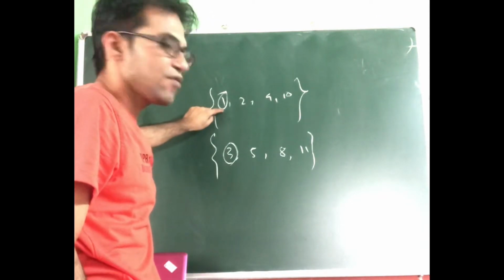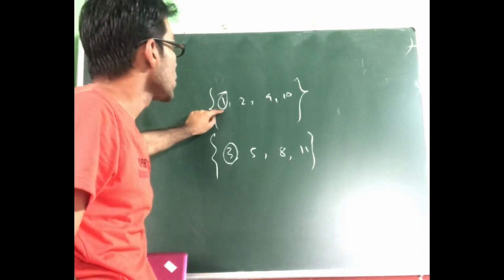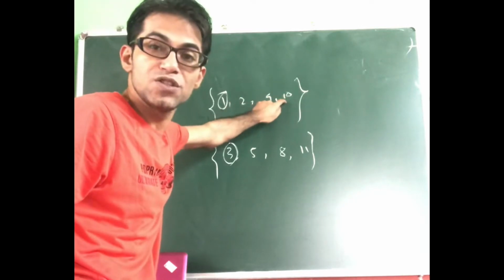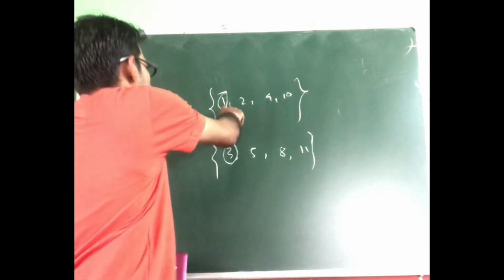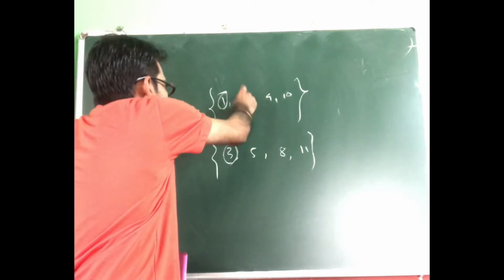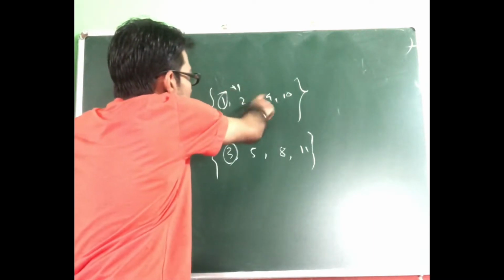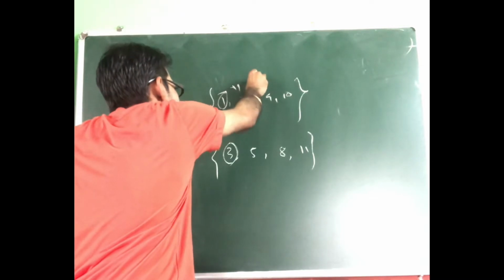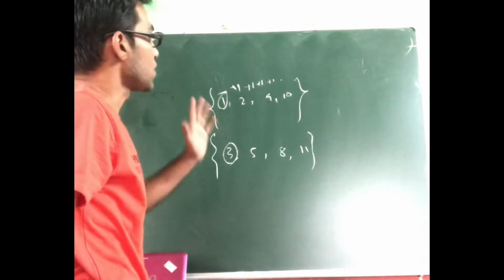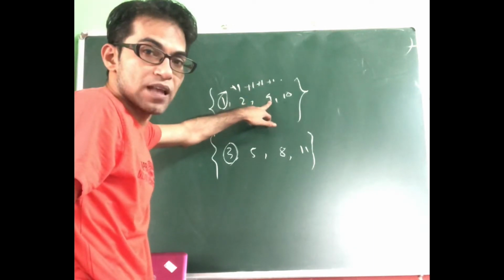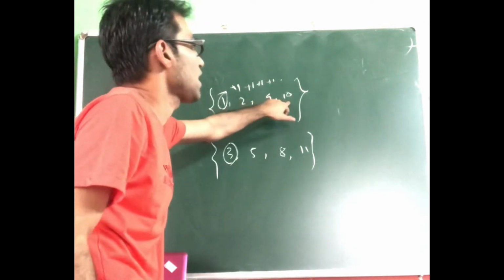And if I have the smallest element, I can generate the other elements just by adding 1 to it. From 1 to 2 I can get just by adding 1, from 2 to 9 I can get just by adding 1 plus 1 plus 1, and I can add it six or seven times to get to 9, and then adding 1 more I will get 10.